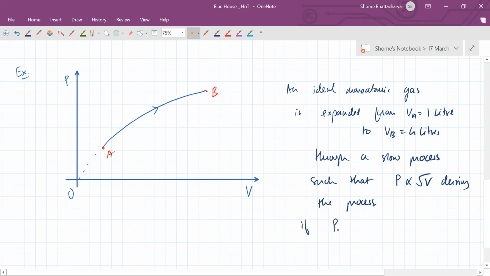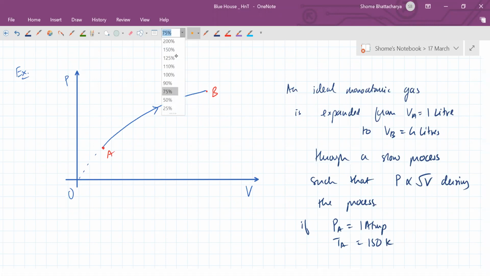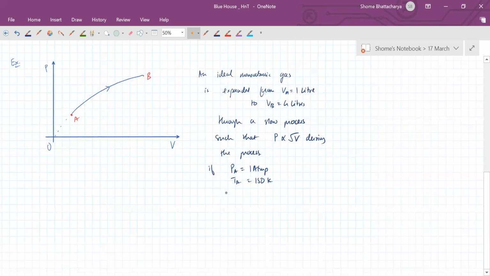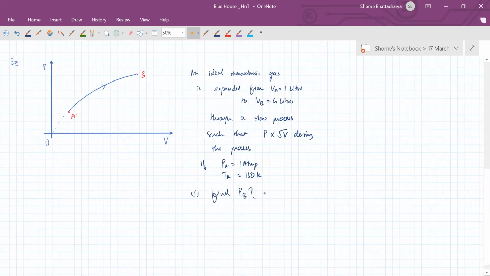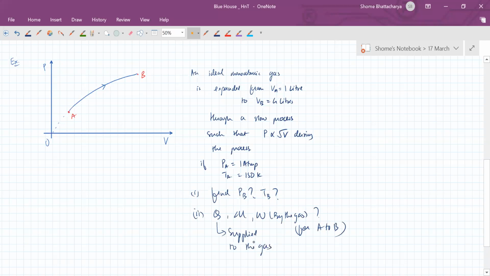Okay. If pressure at A is 1 atmosphere and temperature at A is 150 Kelvin, then first of all, find pressure at B and temperature at B. Secondly, calculate heat supplied, change in internal energy, and work done by the gas for the process AB.